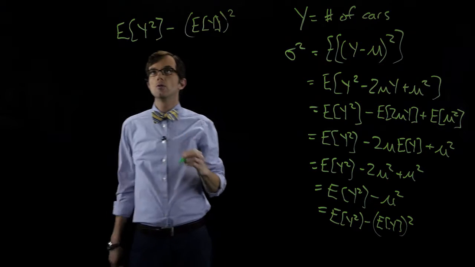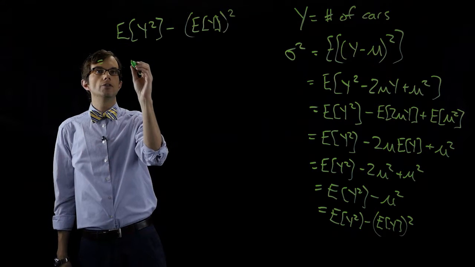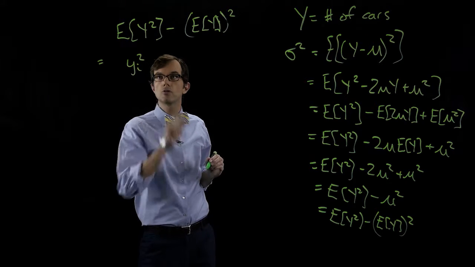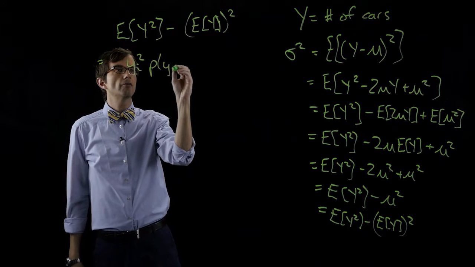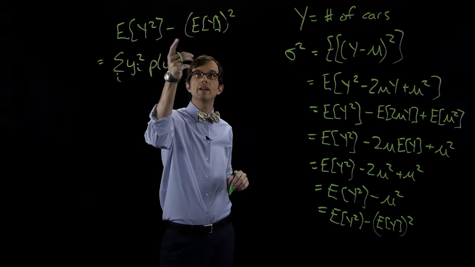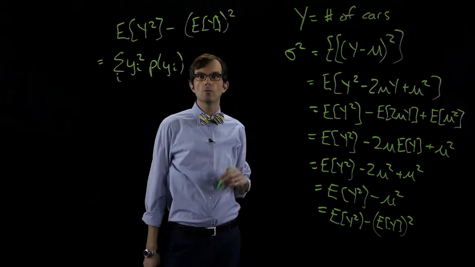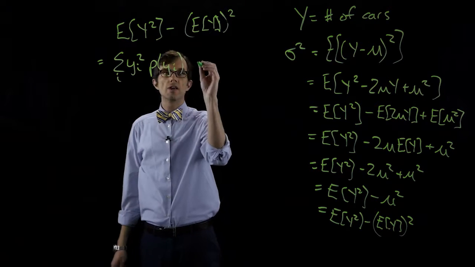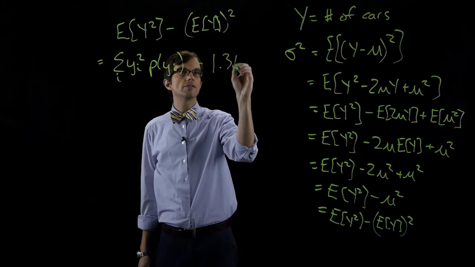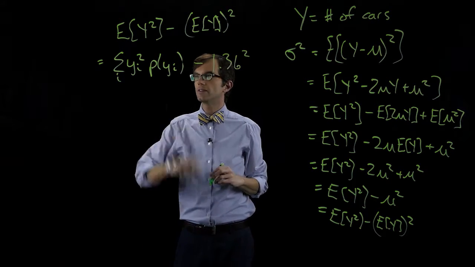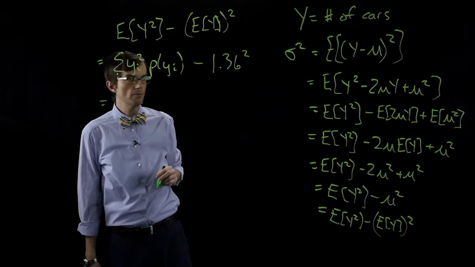Well, here we've got just y squared, okay? Each realization squared times the probability that that realization occurs, summed across all realizations, minus mu squared, okay? And what did we say mu was last time? We said mu was 1.36, okay?